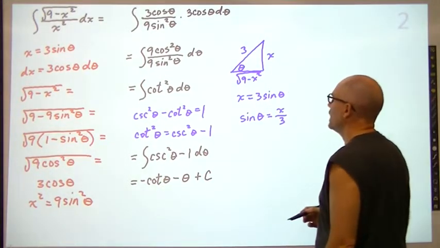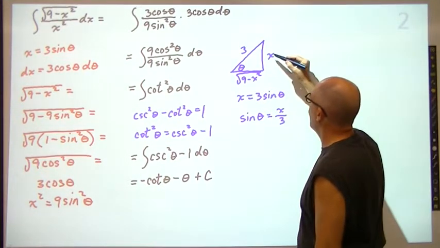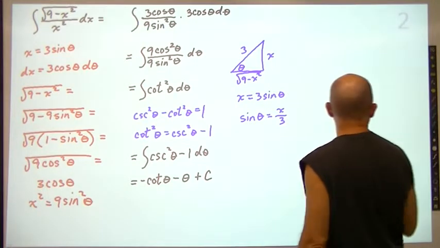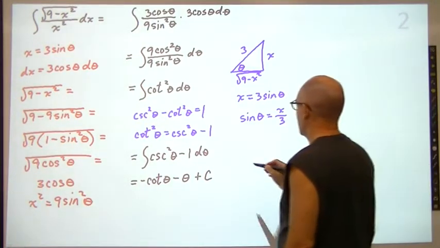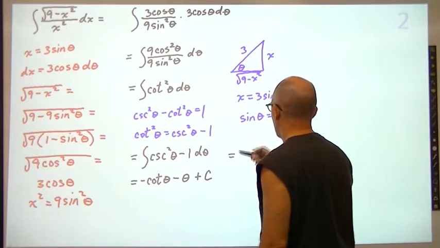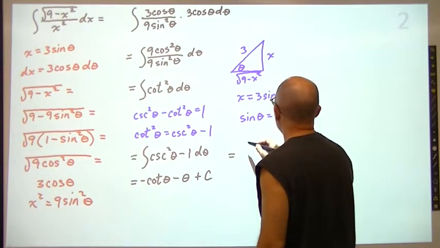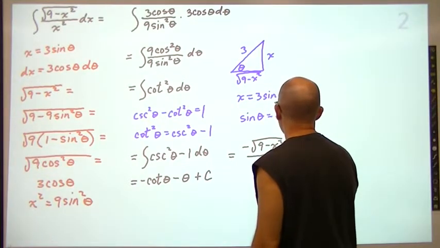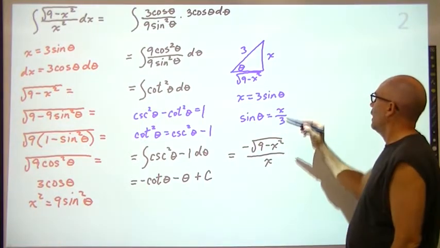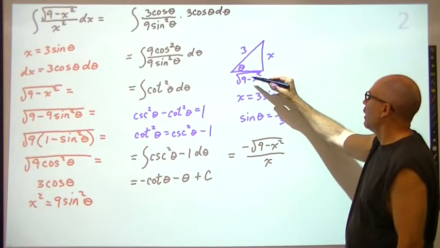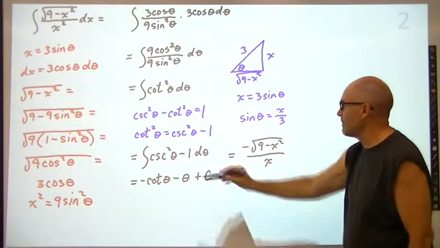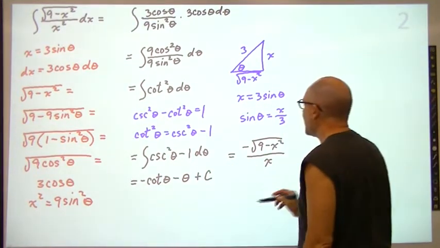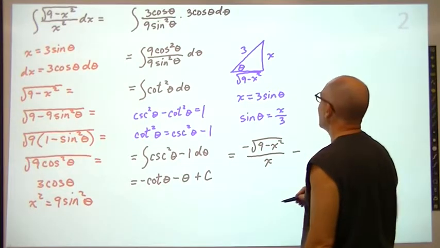Well, what is cotangent? It's adjacent over opposite. So this becomes negative square root of 9 minus x squared over x. There's my cotangent. Now, I've got my theta. What's theta equal?